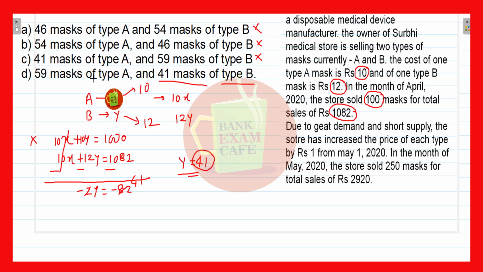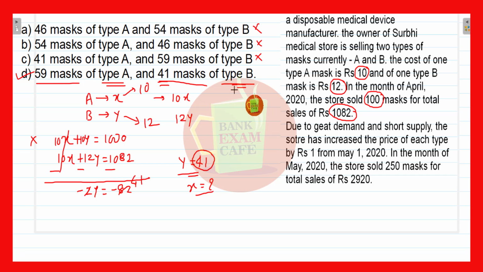There is no need to find the value of x here, because there is only one statement saying 41 masks of type B. So option D is the correct option: 59 masks of type A and 41 masks of type B.